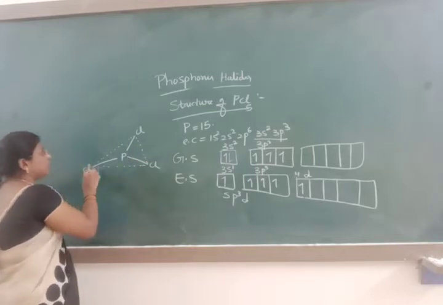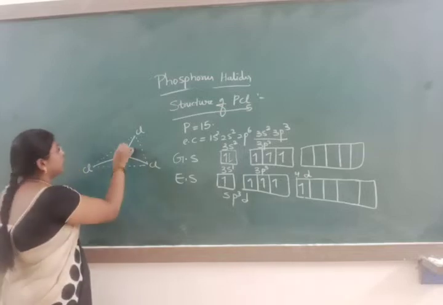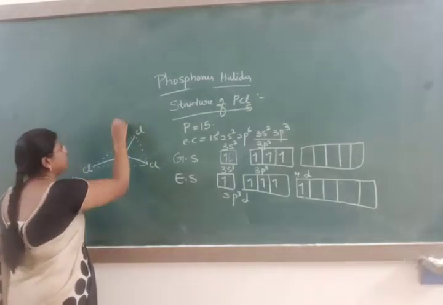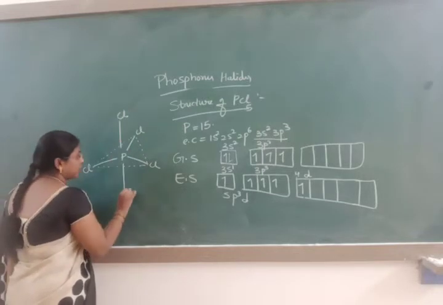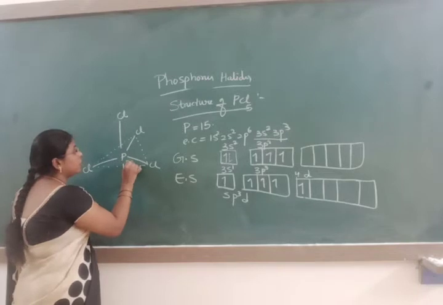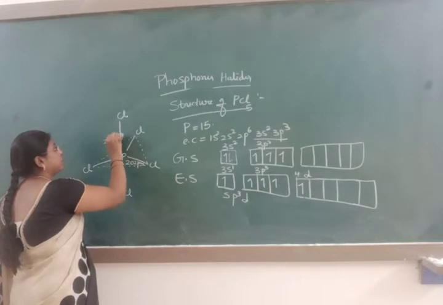They are present in the equatorial position, and one will be above and another will be below. They are axial. If you see the bond length, it is 202 picometer for the equatorial, whereas the axial ones have 240 picometer.